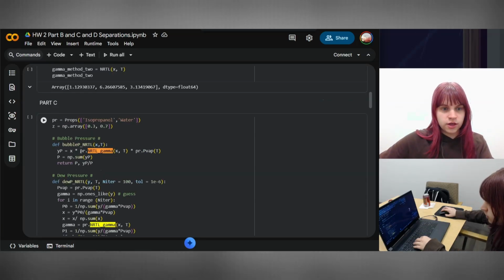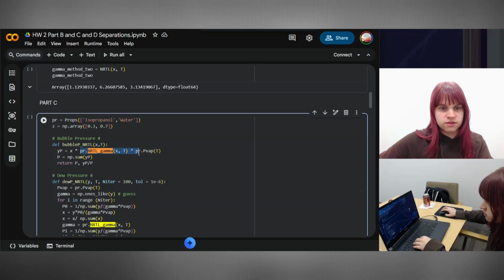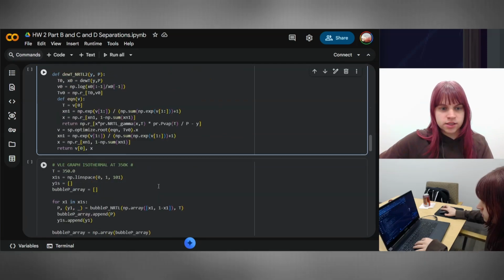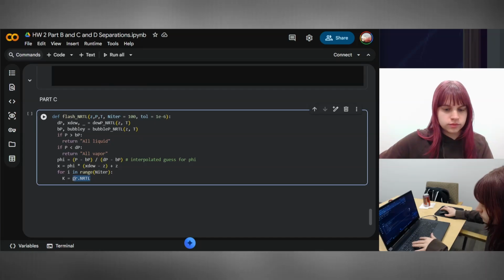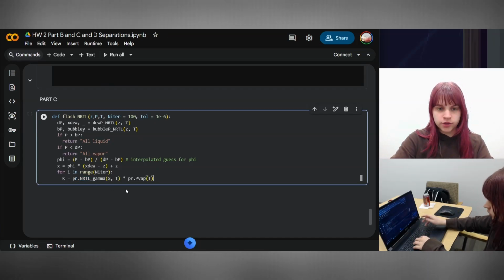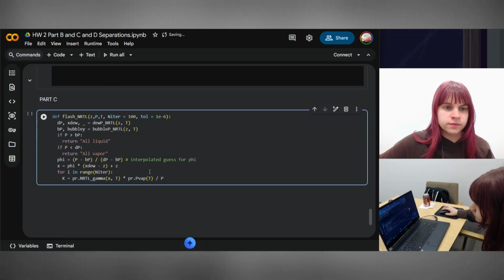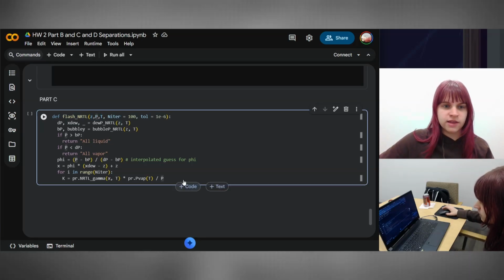And actually, up here from the bubble P NRTL, I'm going to copy this. So this is what I need to calculate K, except I need to divide by the system pressure. And again, the system pressure is going to be given when we run the flash NRTL. We have to provide these three values, which we will do when we get to that point.